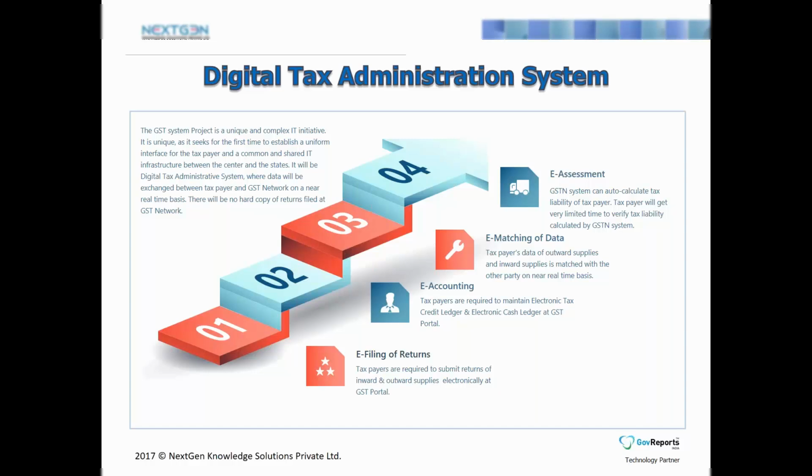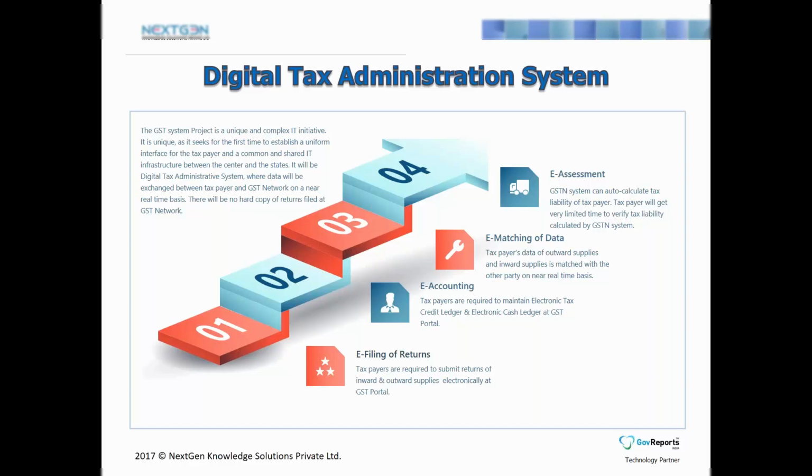Here all the business processes in the tax administration supply chain are being digitized. So the effect of this will be that starting from the filing of return, all the returns will be filed electronically on GST portal. Then there is e-accounting, meaning electronic cash ledger, electronic credit ledger and electronic liability ledger will be maintained for every taxpayer at GST portal.